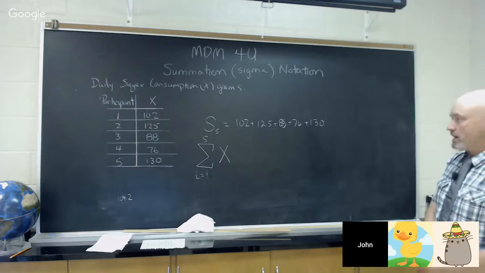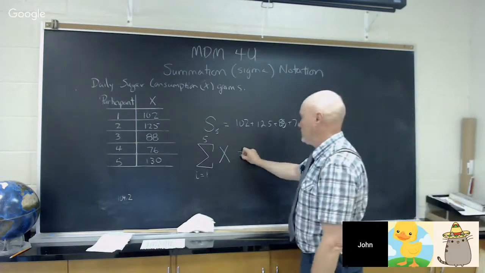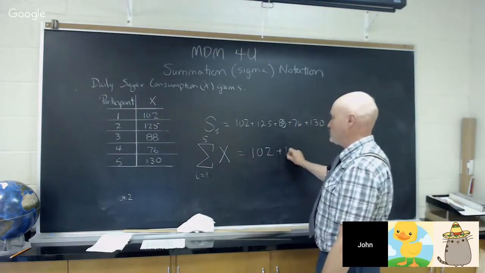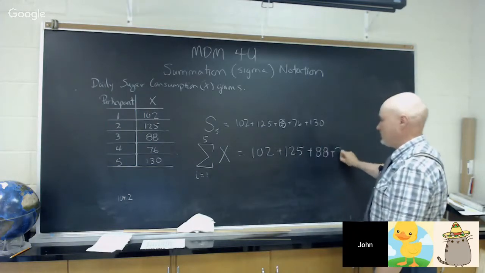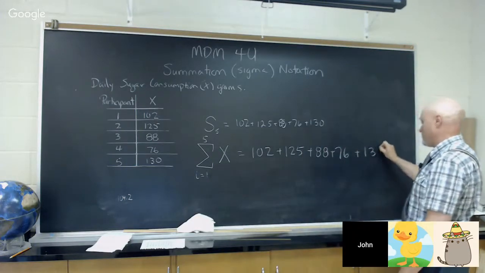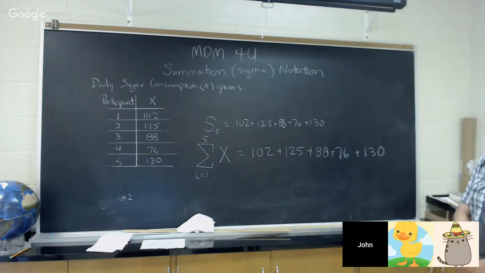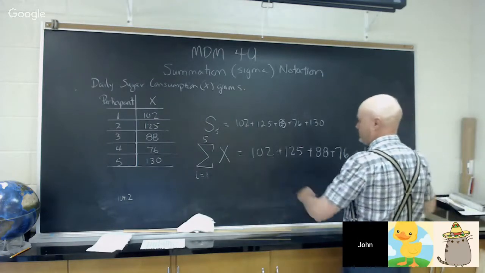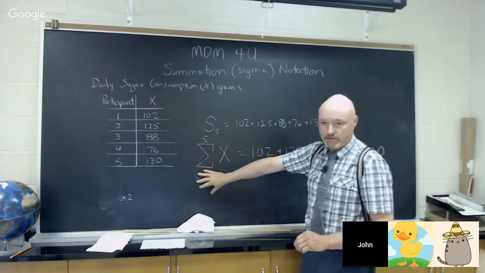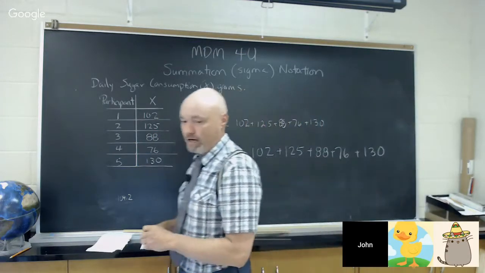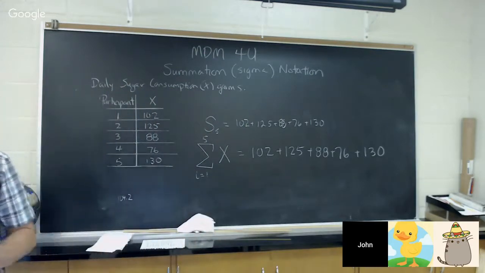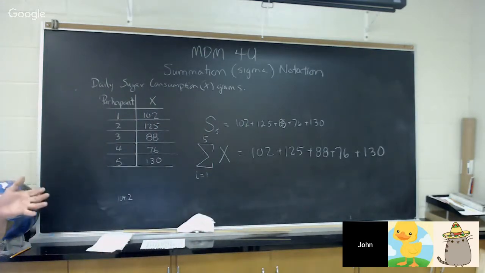So this is another way of symbolizing 102 plus 125 plus 88 plus 76 plus 130. Instead of writing that, I can write this to say I'm adding up the first 5 values. So that's sigma. It's got indices to say which ones we're going to add up.